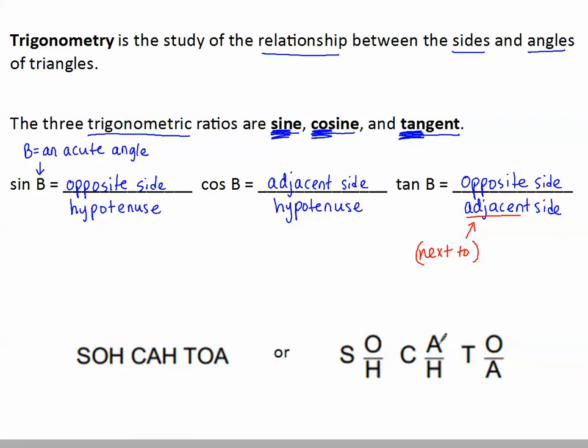Opposite over hypotenuse, adjacent over hypotenuse, and opposite over adjacent. Anytime we use a trig ratio, we want to remember SOHCAHTOA. It will help us. So use this as a memory trick, as an aid to help you remember. And always write this for every problem that you do.